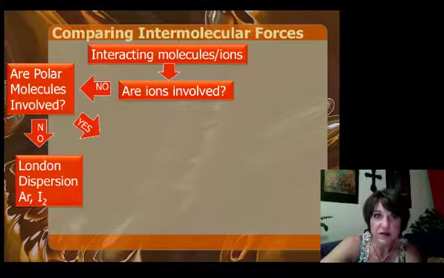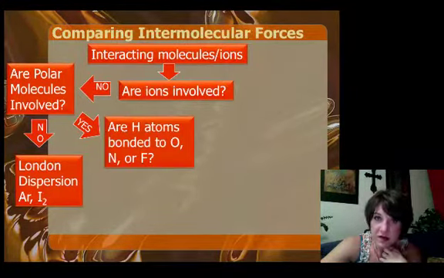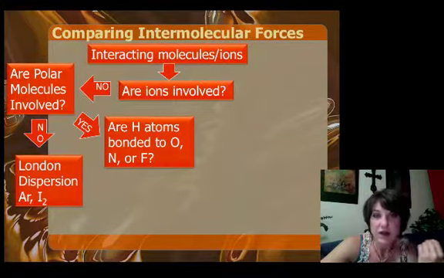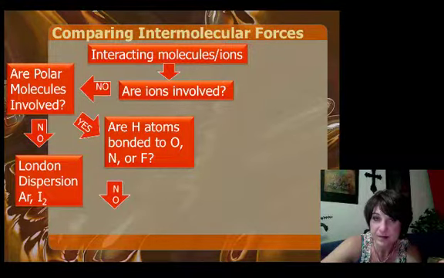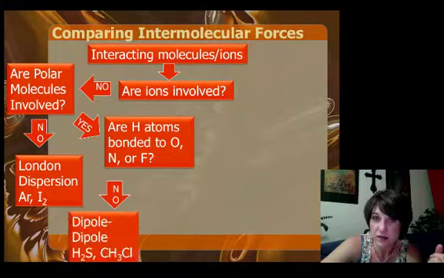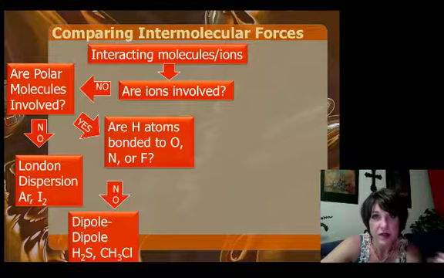Okay, what if the answer is yes? There are polar molecules involved. Well, then we have to answer another question. If there are polar molecules involved, then are hydrogen atoms in those molecules bonded to an oxygen, a nitrogen, or a fluorine? If that answer is no, then this is just a simple dipole-dipole interaction.